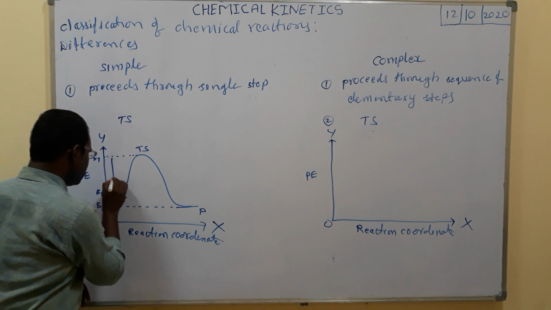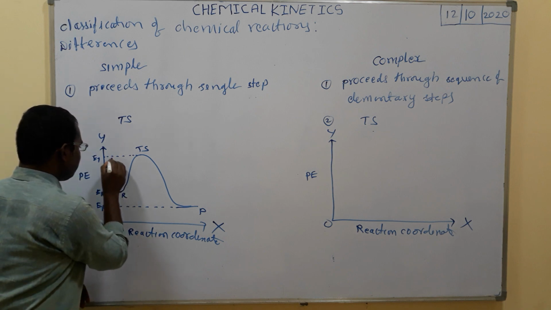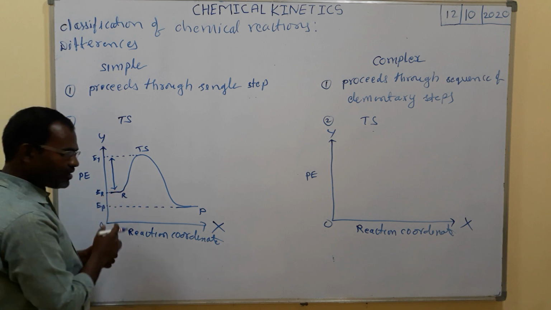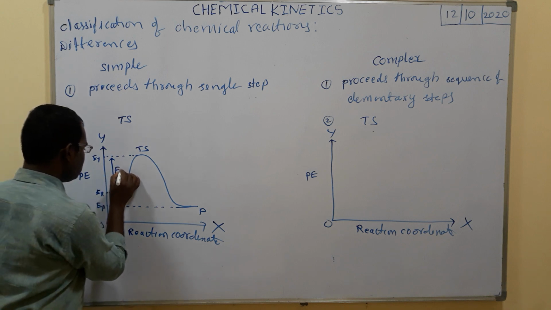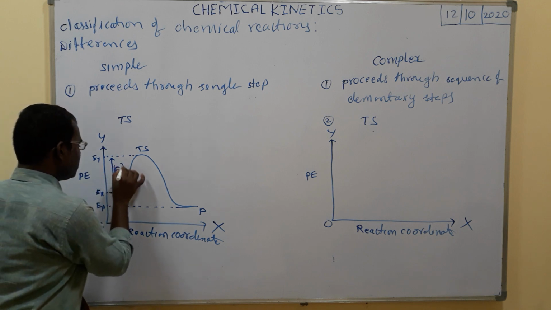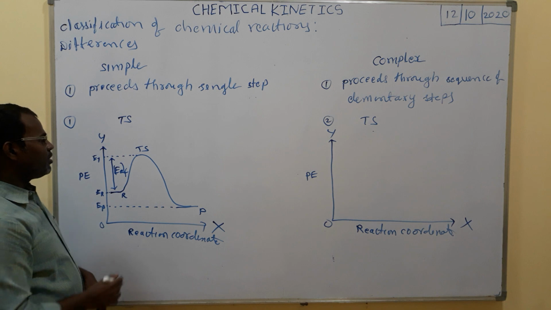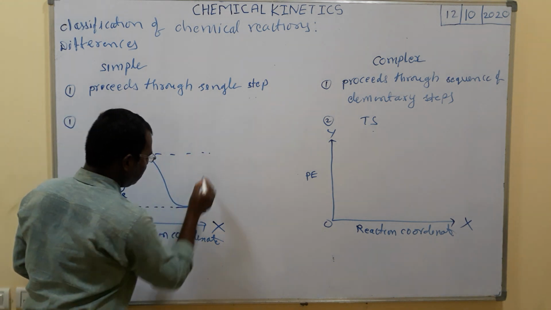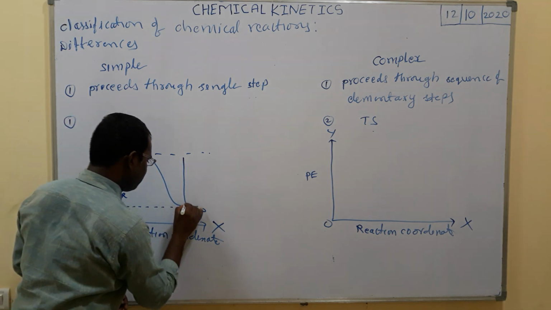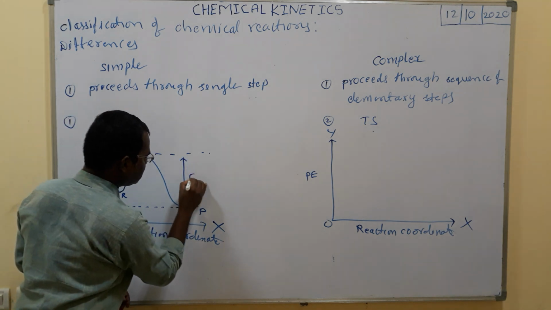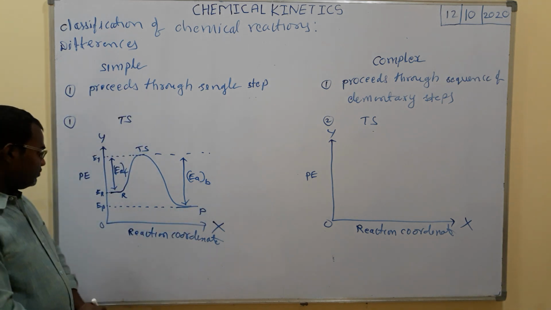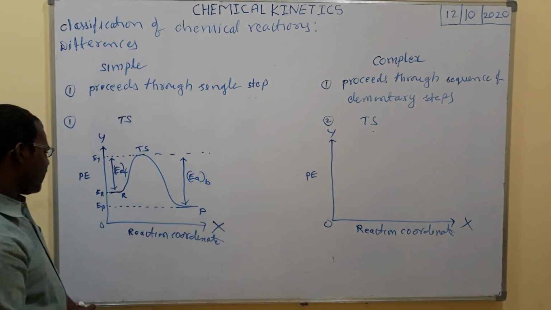So the energy difference between the threshold energy and reactant energy is called the activation energy of the forward reaction, whereas the energy difference between the product and the activated complex is called the activation energy of the backward reaction.